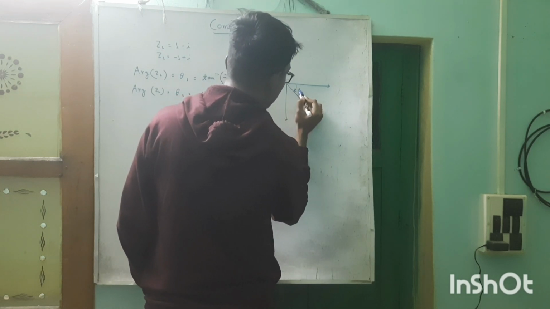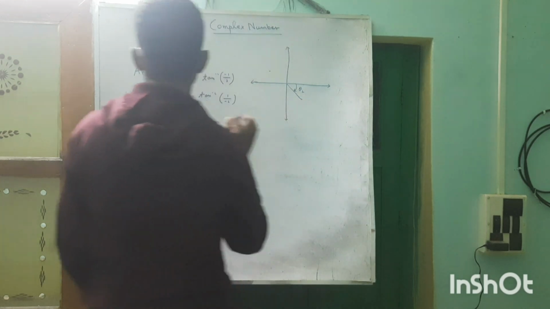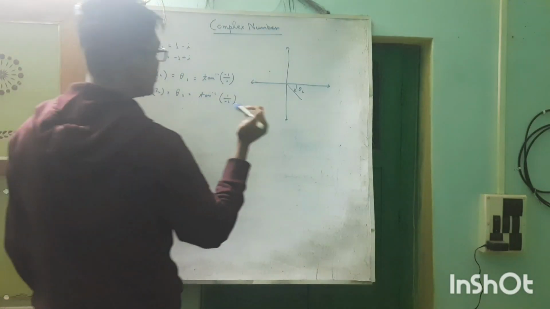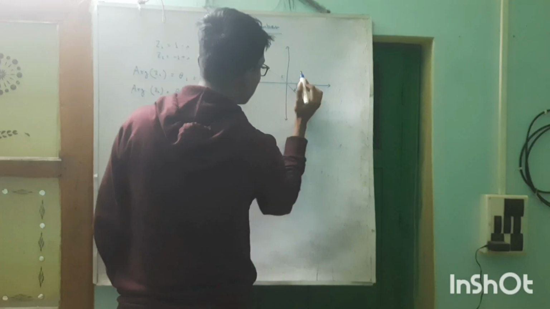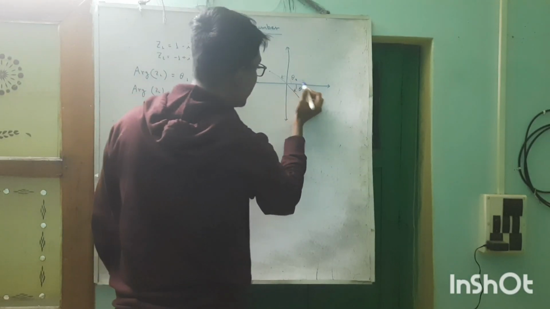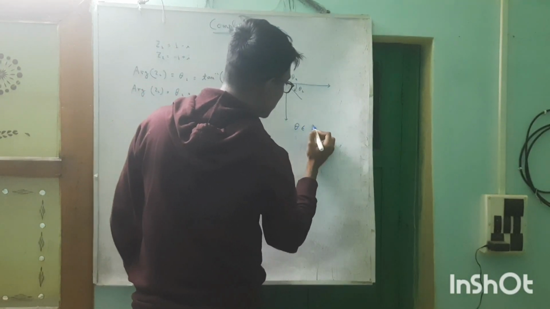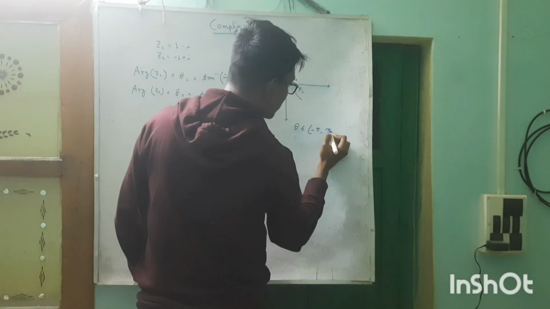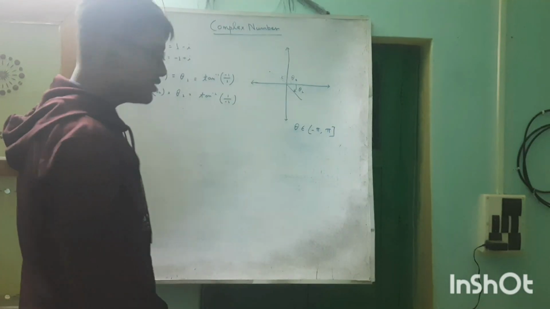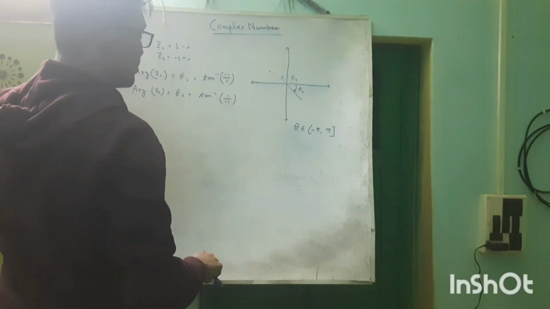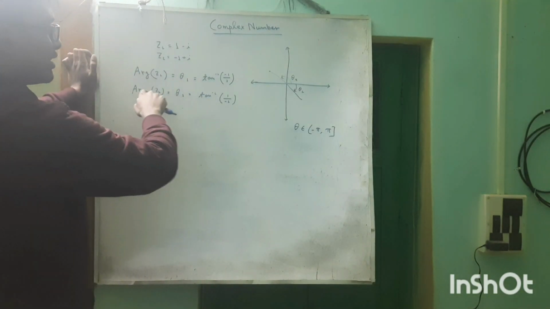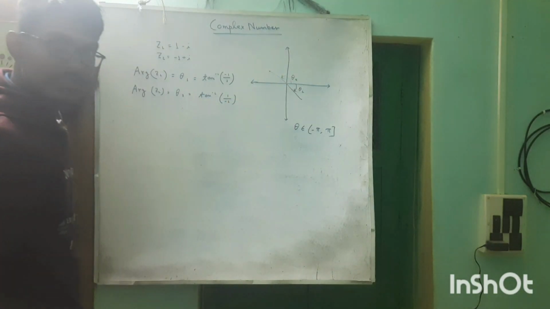Okay, that is theta 1, and the argument of z2 is that angle, theta 2, because we take theta belonging to minus pi to pi, right? So in both cases it is tan inverse minus 1, but these numbers are different, that's why those thetas are different. Okay.